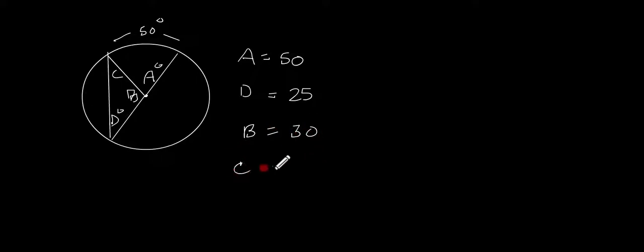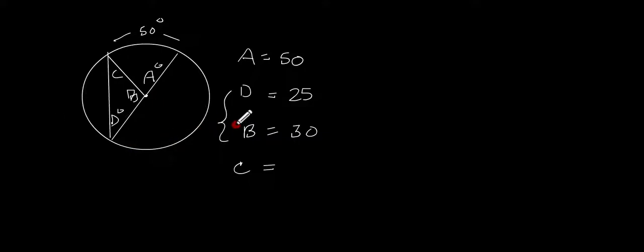And then finally we can get C. We can get C because we know B and D, and we're going to subtract those from 180 because the measures of a triangle, B plus C plus D, has to equal 180. So I'm going to take 180 and I'm going to subtract 55 from it, and we get 120.